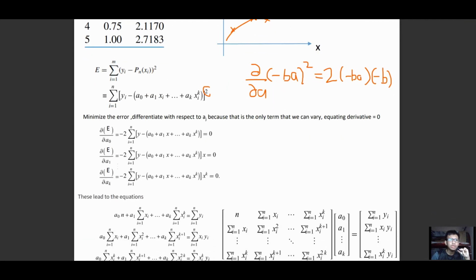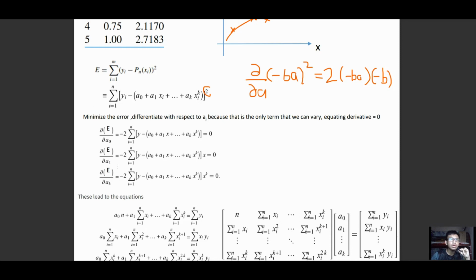Similarly, this one we differentiate with respect to a1. When we differentiate with respect to a1, we bring the power in front, resulting in this 2, and we copy the whole term, and we take the coefficient of a1, which is negative x1, xi, because i is equal to 1.